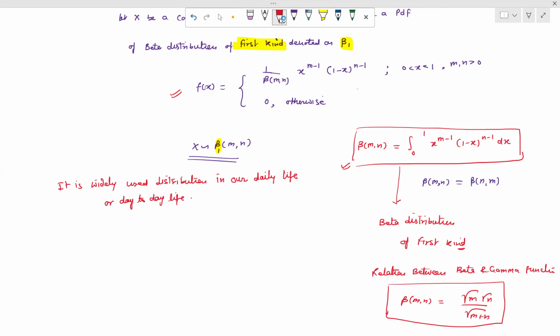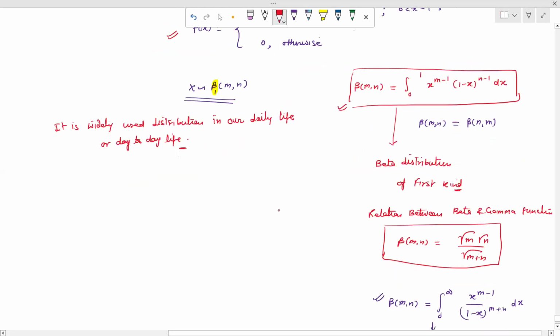Now, what are the examples from day-to-day life where we use this distribution? You have to keep in mind where we are using this distribution. First, we write down that we can use it to model probabilities.